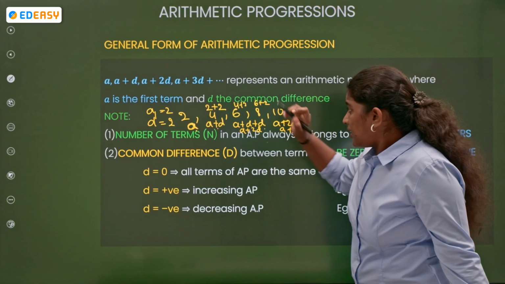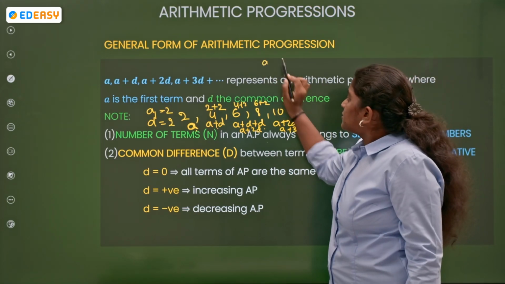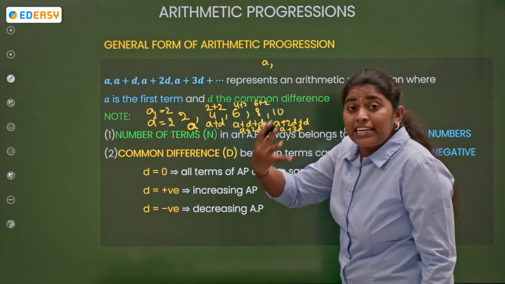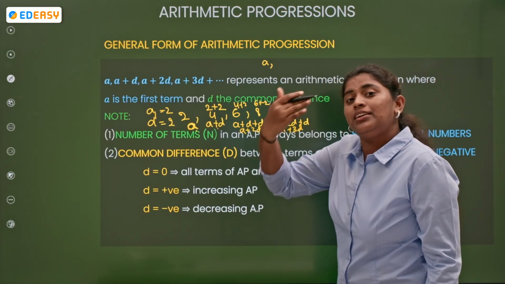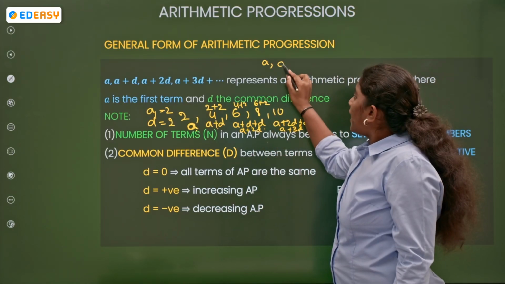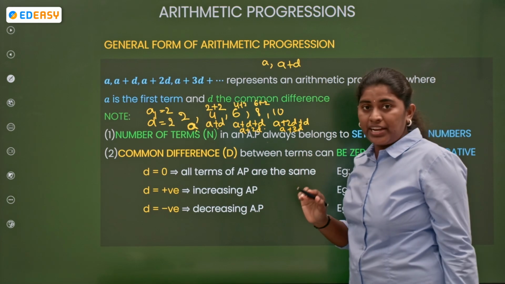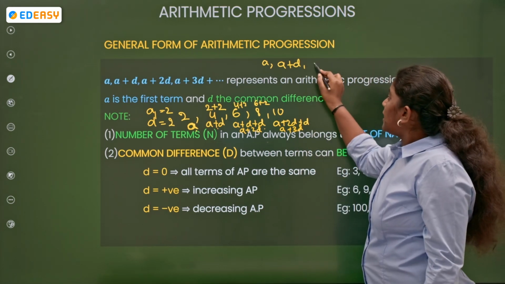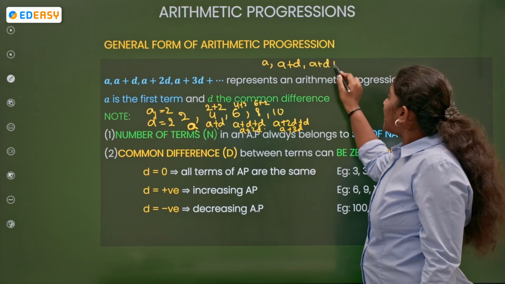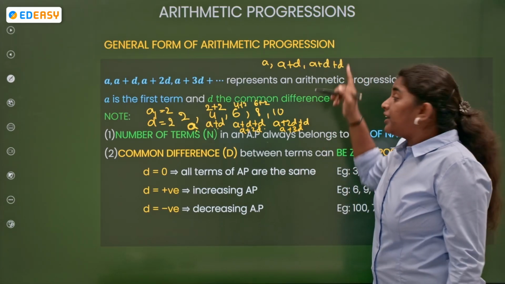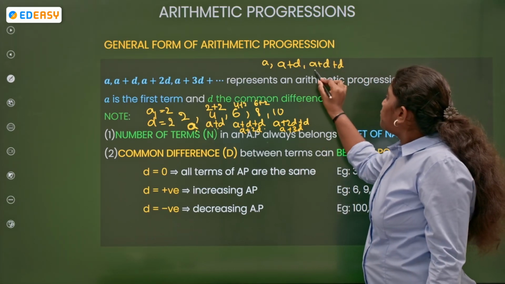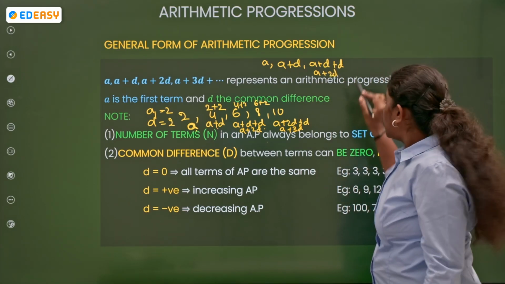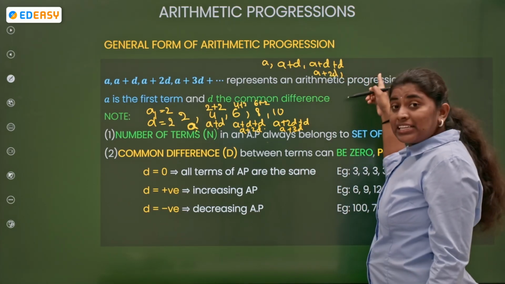So if I am taking my first term as a, then how will you get the second term? You need to add the common difference. So I am taking a plus d, right? And how will you get the third term? For this a plus d, you need to once again add the common difference. Now d plus d will give you 2d. So that becomes your a plus 2d. And now, how will you get the next term?